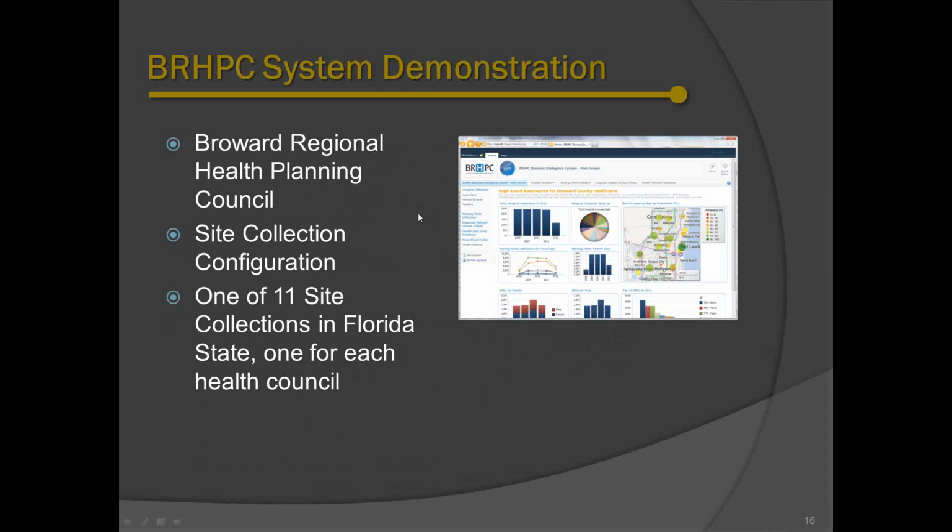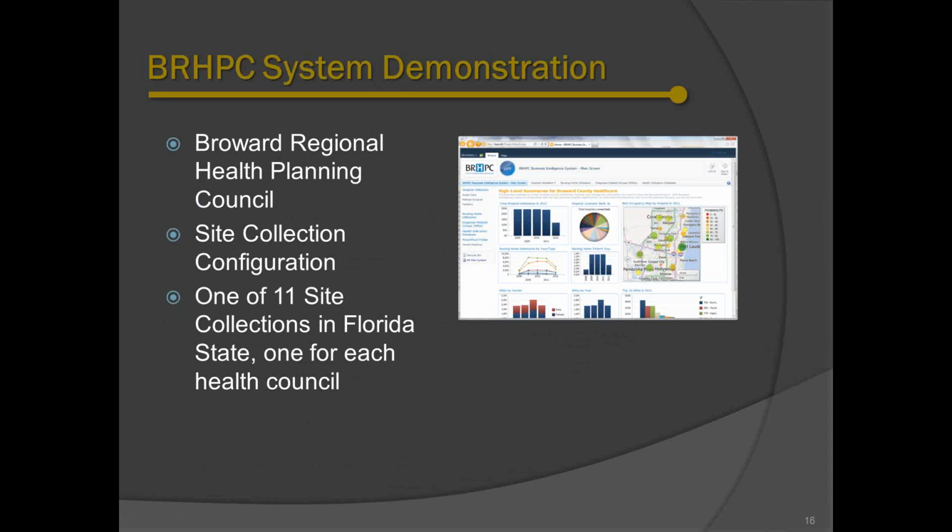The system is currently, as I mentioned, running in Broward County, and this is what I'm going to demonstrate in a second. But I just want to highlight that we also have 11 other copies of site collection running on the same foundation for the other consoles.